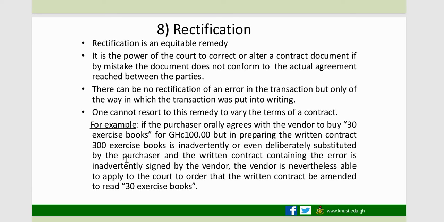It must be legally binding. So the court has to stamp it before it becomes official, before it can be a contract. So once there is a mistake, you take it back to the court to rectify it, and that is what we term rectification.